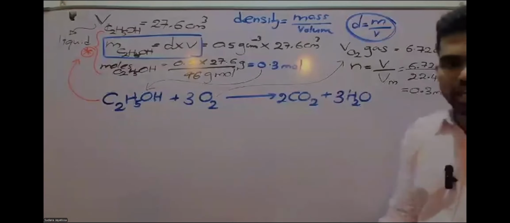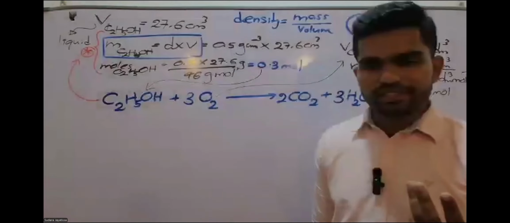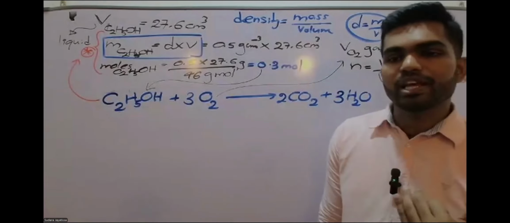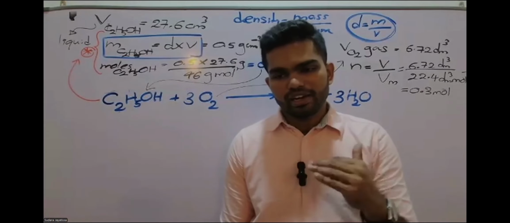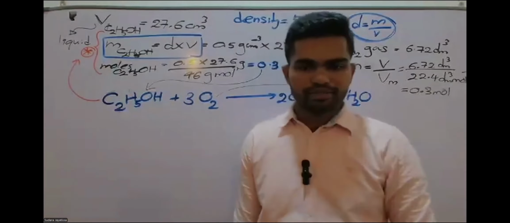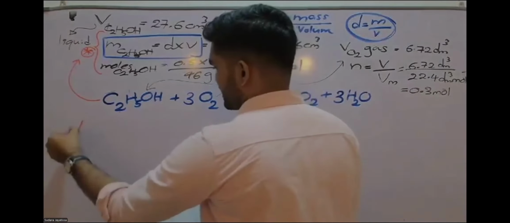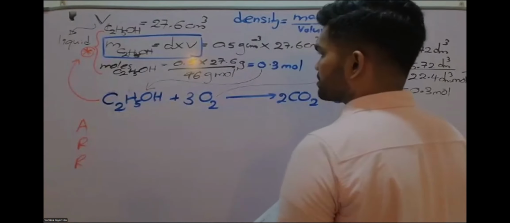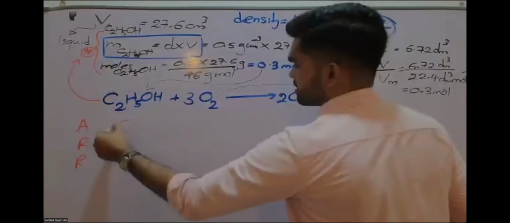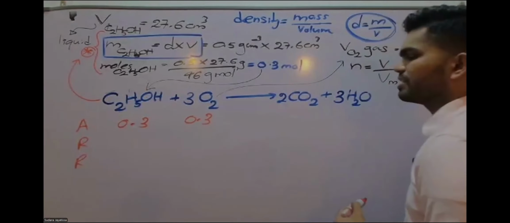Now we can apply what? When they have given data regarding more than one reactant, we have to apply the ARR method: added, reacted, remaining. Very good question. From ethanol we know there are 0.3 moles, and from oxygen also 0.3 moles.